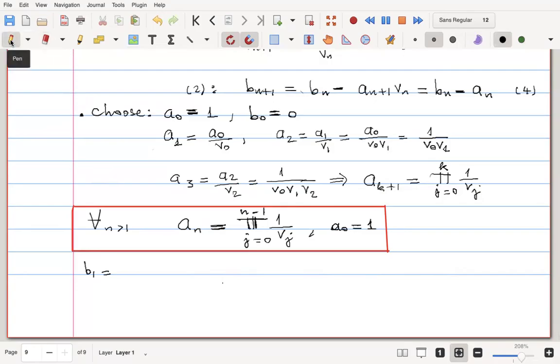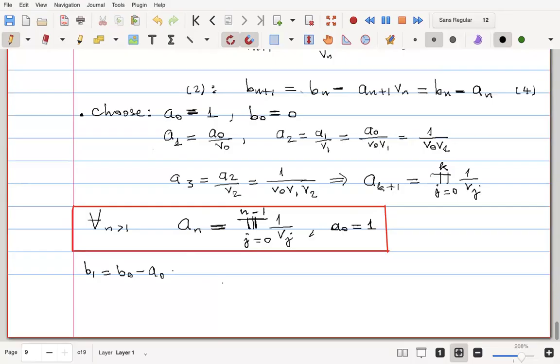So we saw that b_1, from formula 4, is b_0 minus a_0. But a_0, I can extract from this formula: a_0 will be a_1 v_0, because I want to avoid dividing each time.